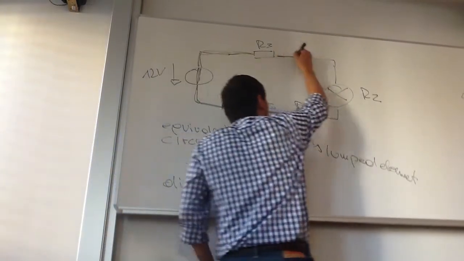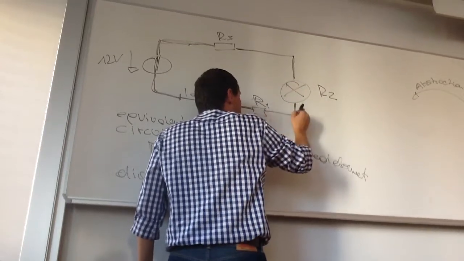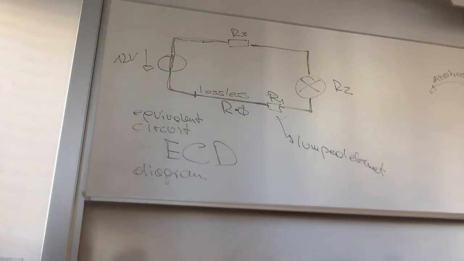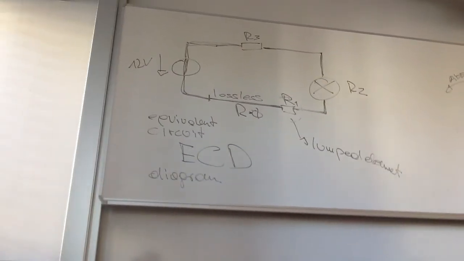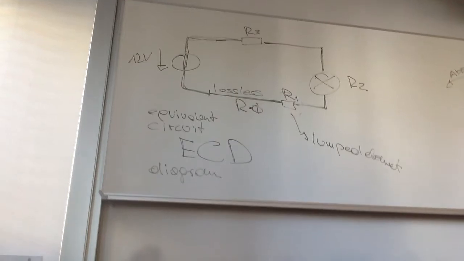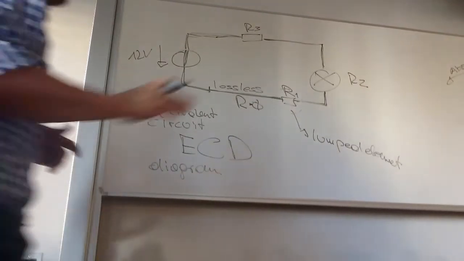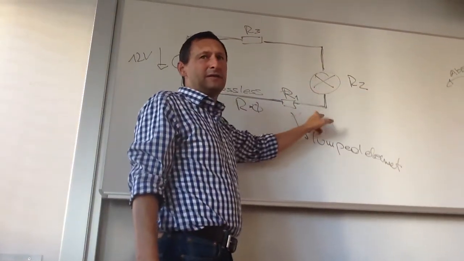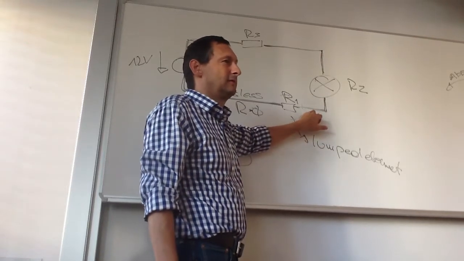And all the remaining connections, and that's also an important point, all the remaining connections are lossless. Because if the remaining connections are still physical connections, then you cannot do a calculation. So that's one important point. All remaining connections are lossless, so the resistance is zero.